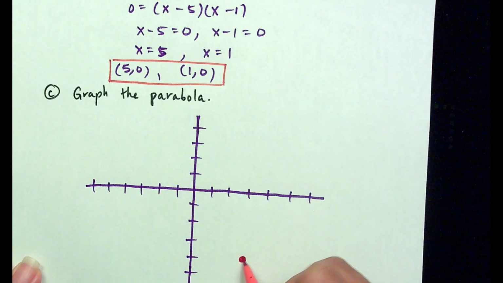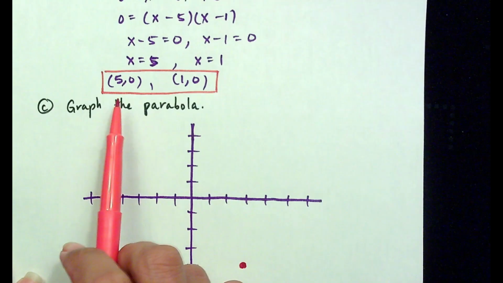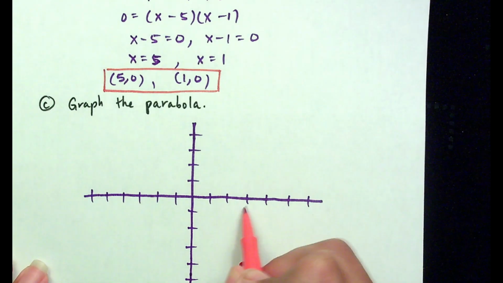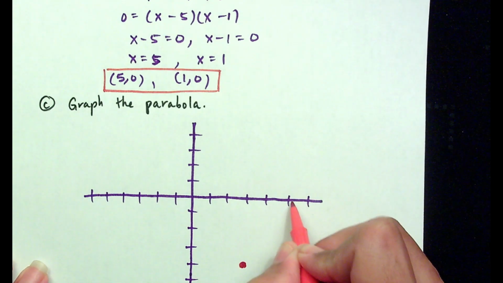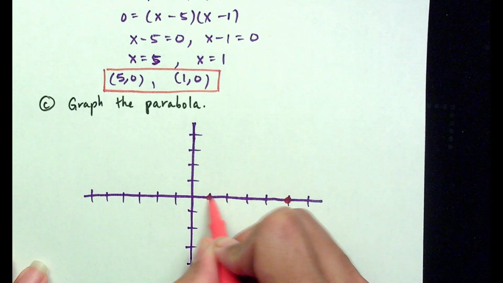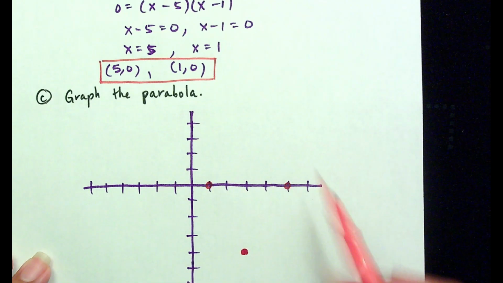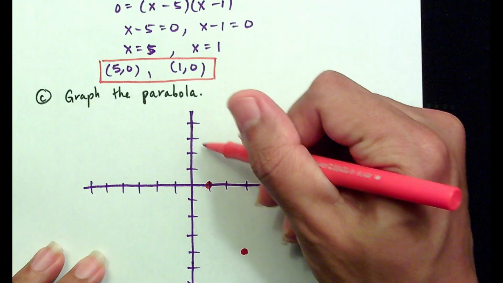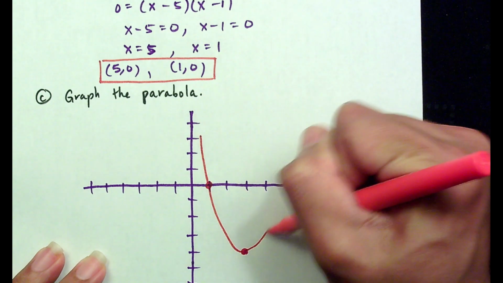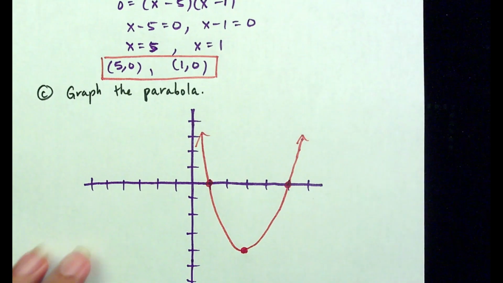Then the x-intercepts would be (5, 0), so 1, 2, 3, 4, 5, right here. And (1, 0), which is this one. If that's the vertex, just connect these. It doesn't have to be perfect. And there you go. That's a parabola.